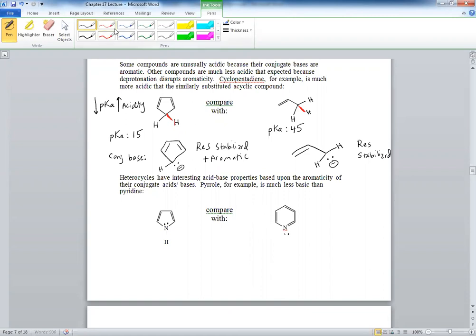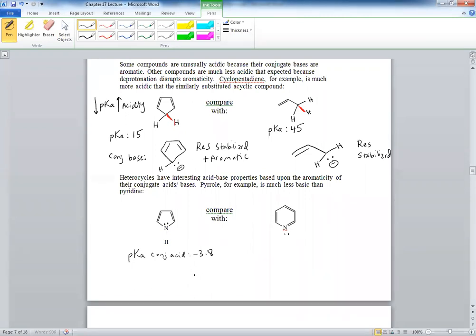So if we look at the pKa of this one, we have a pKa of the conjugate acid, meaning we add an H, of negative 3.8. It's incredibly basic.